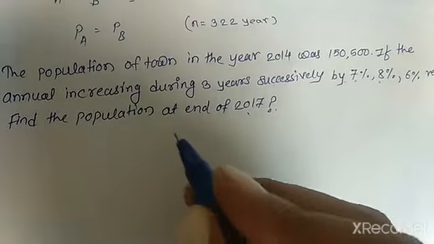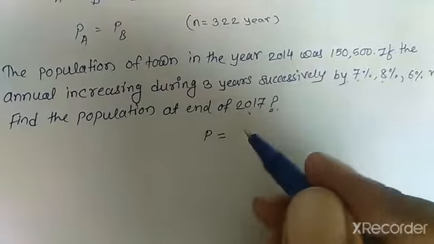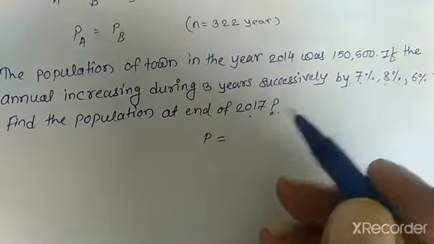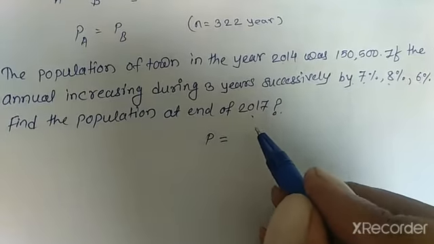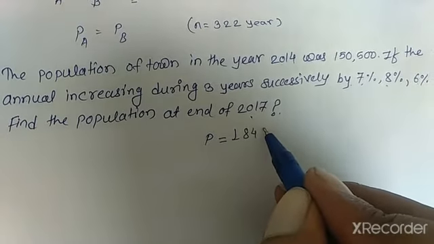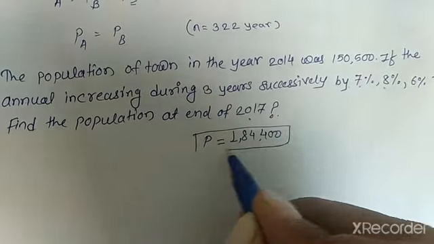Its answer will be P after 3 years, which is P equal to 1,84,400. This will be your answer.